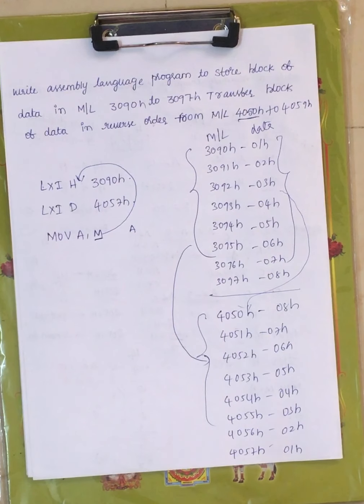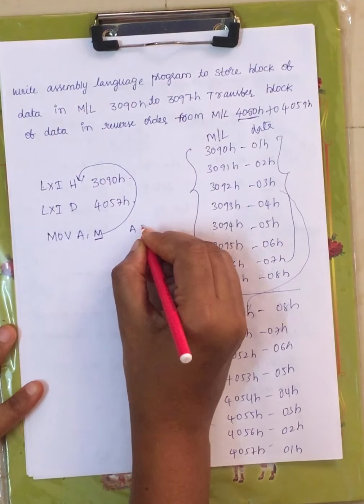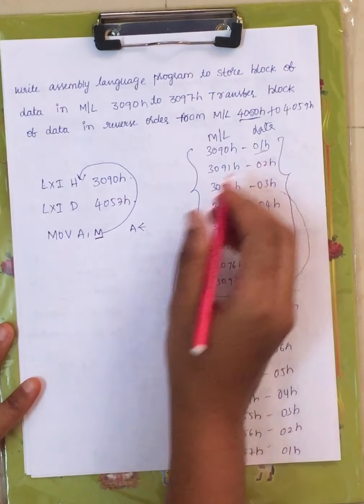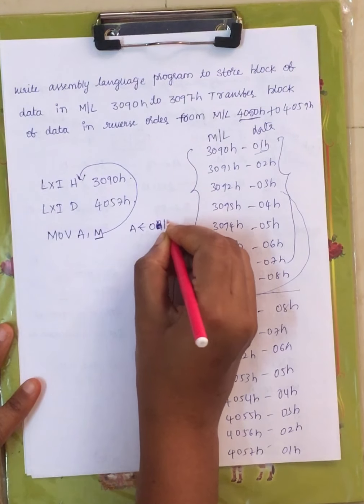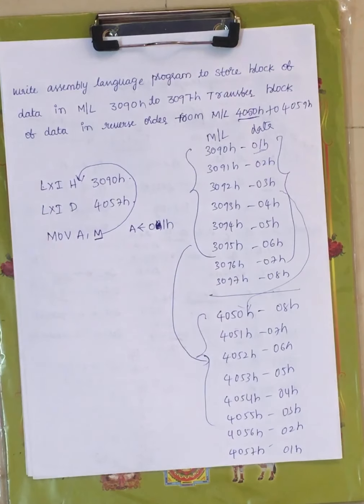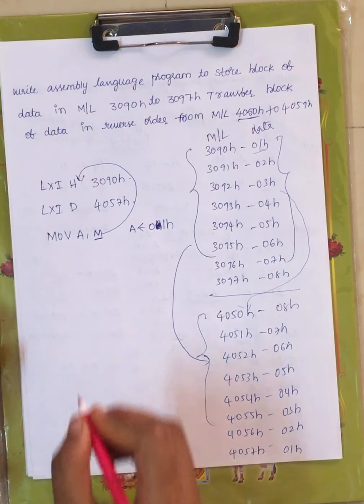If you are getting M in any set of instructions, that will point to the data of the memory location of the HL register pair only. You have to remember this point, right? Now A is moved with the data of 3090H, which is containing 01H. Now that is moved to the A register, that is 01H, right?